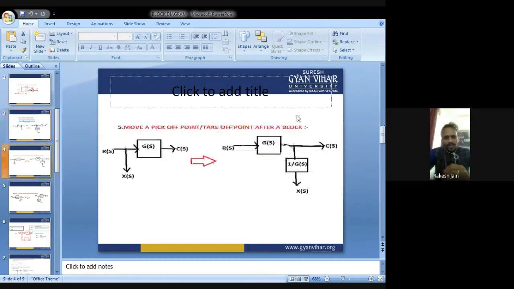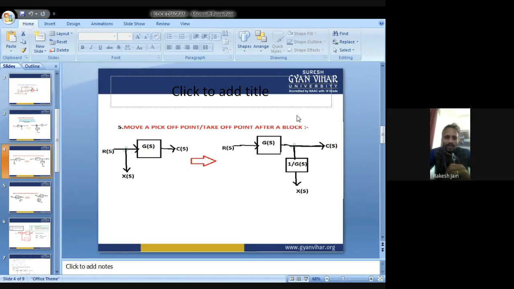The fifth one is pick off point movement, either before or after. So in the fifth, move a pick off point, which is also known as take off point, after a block. Whenever we wish to move a pick off point after a block, then the gain of that block will come as its reciprocal. For example, here R(s) is the input, C(s) is the output, gain of that block is G(s), and we wish to move that pick off point, which is related with X(s), to just after the block.